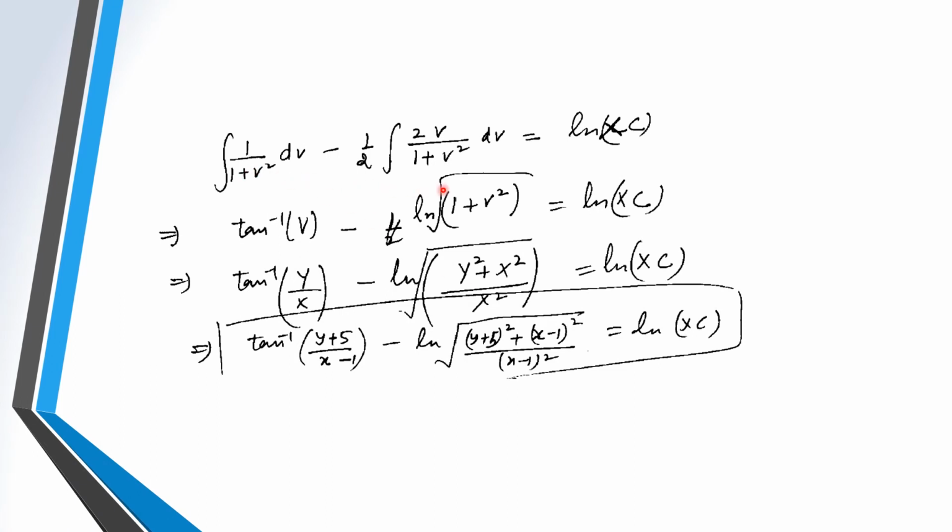So after integration, we will have this as a solution in terms of v and capital X. Now put the value of v in terms of capital Y and capital X, and then put the values of capital Y and capital X in terms of small x and small y. So after simplifying, this is the general solution of this differential equation.